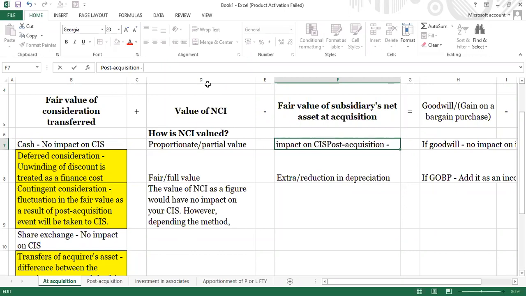So if there is a difference between CA and FV arising post-acquisition on an item of PPE or intangible assets, my people, treat it in accordance with the relevant standard.